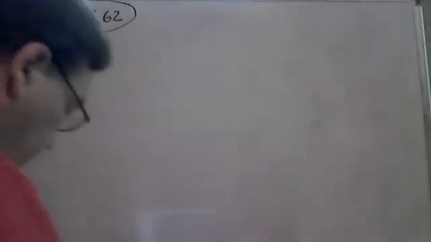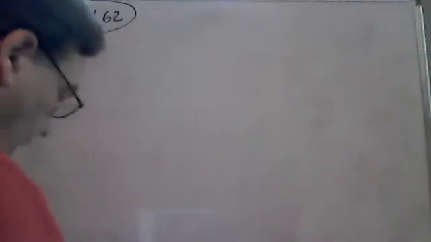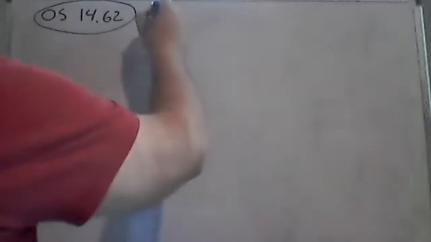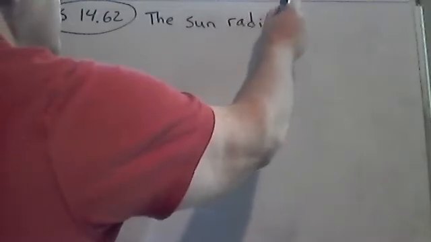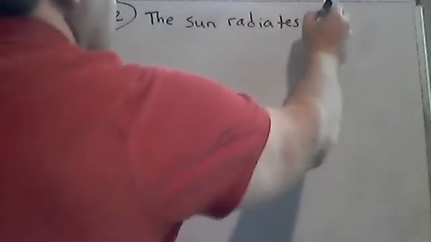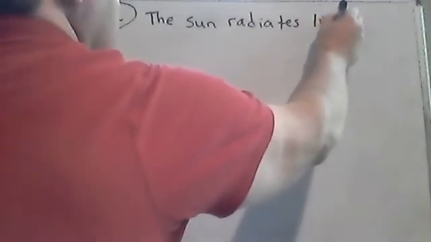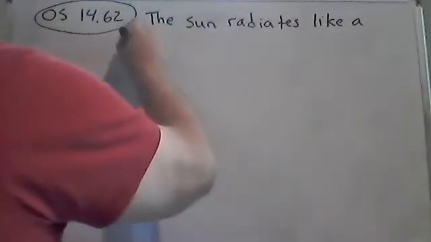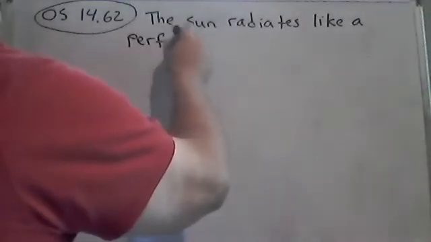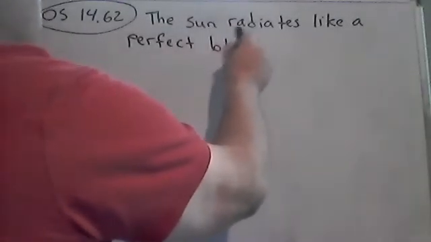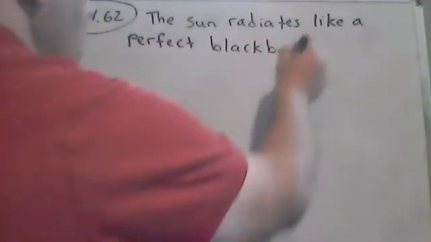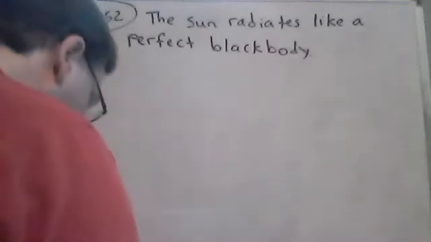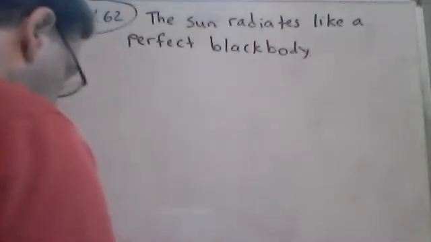Okay, so it says the sun radiates like a perfect black body with an emissivity of exactly 1.